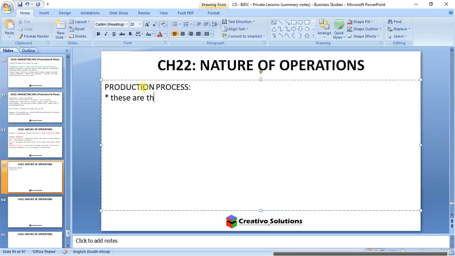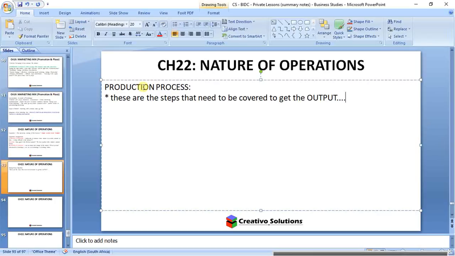These are the steps that need to be covered to get the output. If we want output, we need to go through the process. We take the inputs, we put them into the actual process. After we've done the process, we're going to end up with something. And that's what we're looking at.